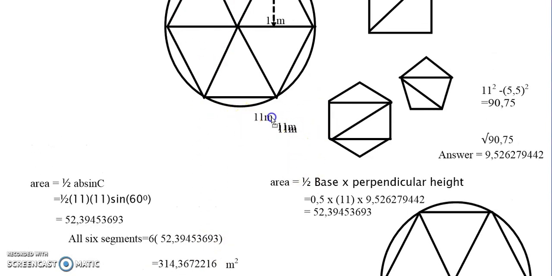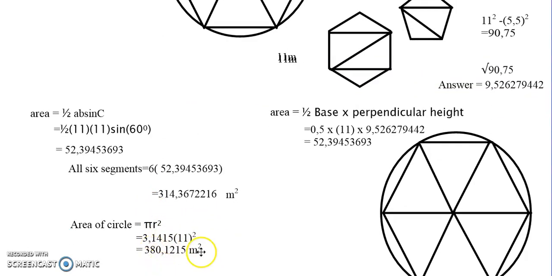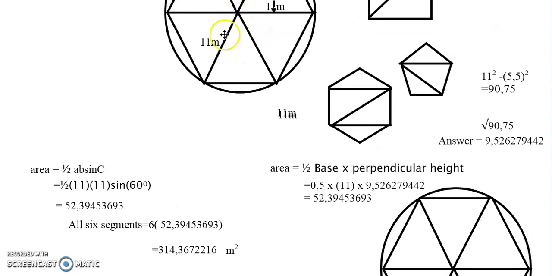From the center to the outer perimeter of the circle is 11 meters. So radius is 11 and it must be squared. So this gives me 380.1215 meters squared.